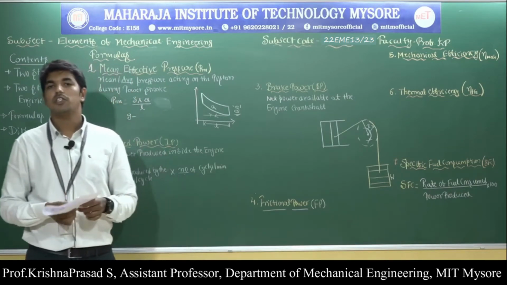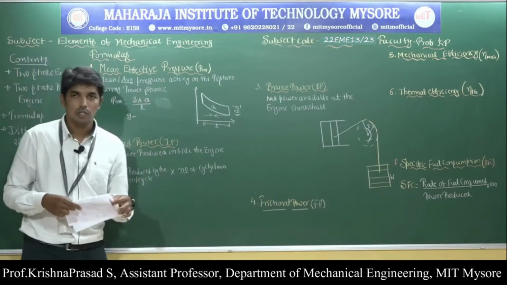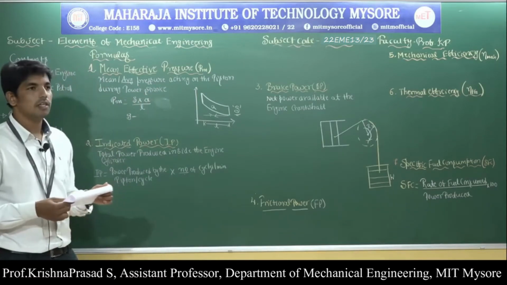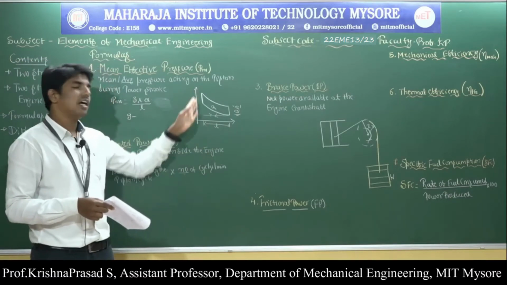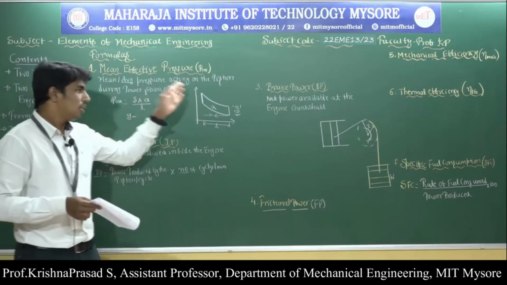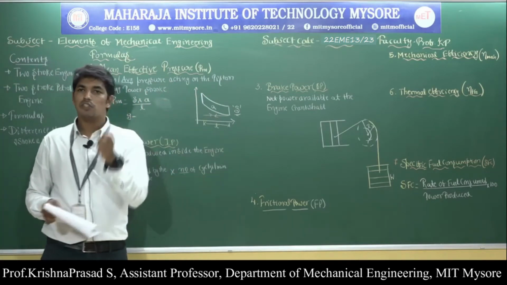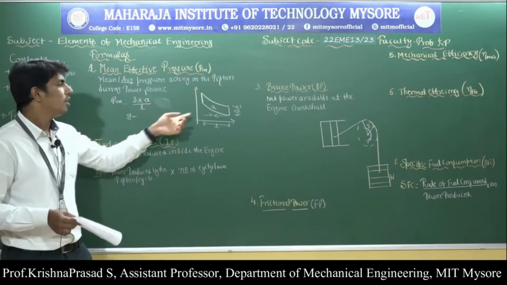How much pressure is going to be exerted on the piston is called the mean effective pressure. In order to know the mean effective pressure, we need to conduct one experiment with the help of the indicator diagram. For the development of the indicator diagram, we are going to use a spring, and that spring is connected to a needle.